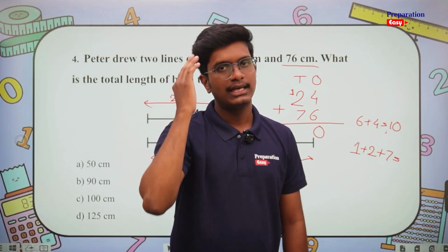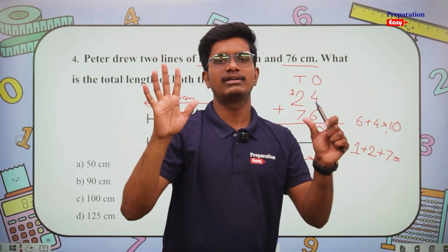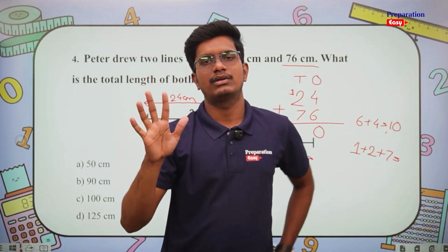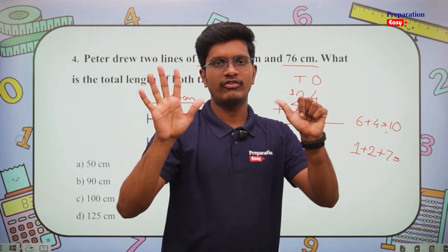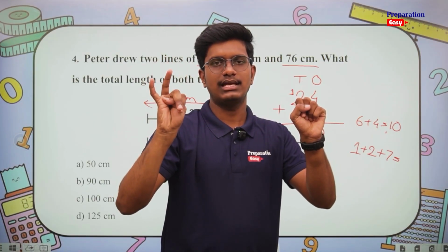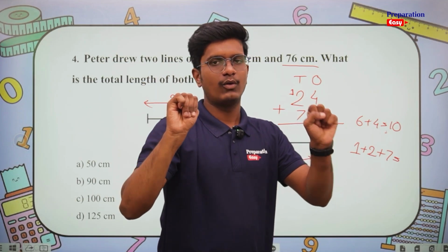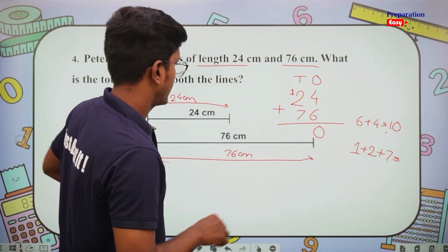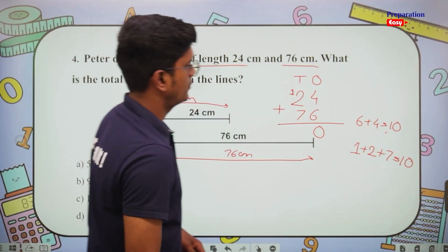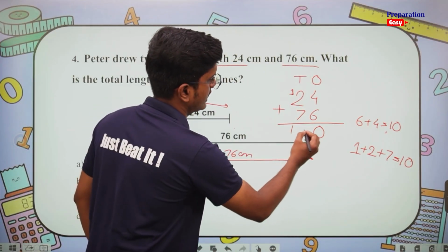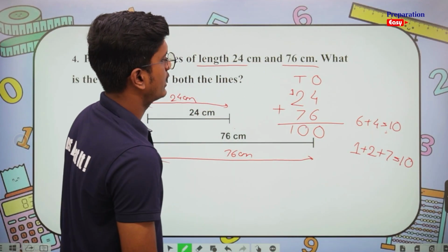Keep 3 in mind and after that count 7 fingers. 4, 5, 6, 7, 8, 9 and 10. So we got 10. So 1 plus 2 plus 7, we got 10. So we got 100.